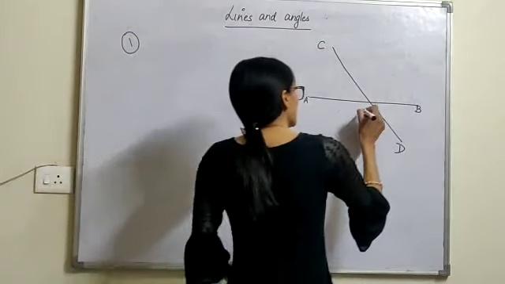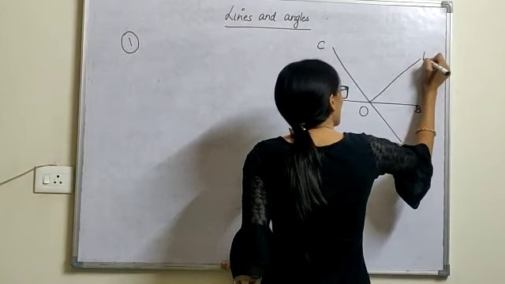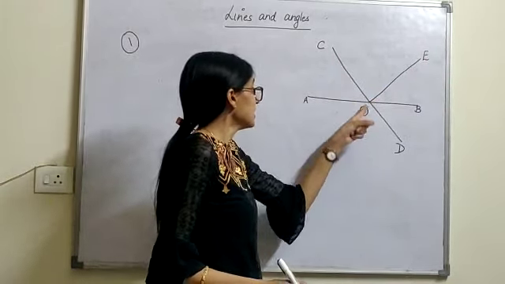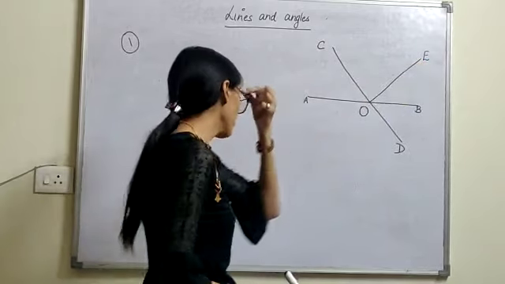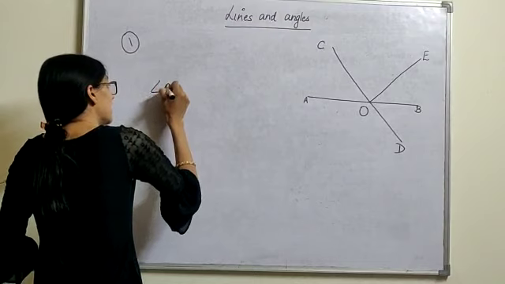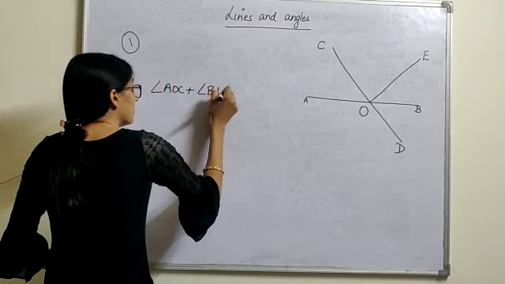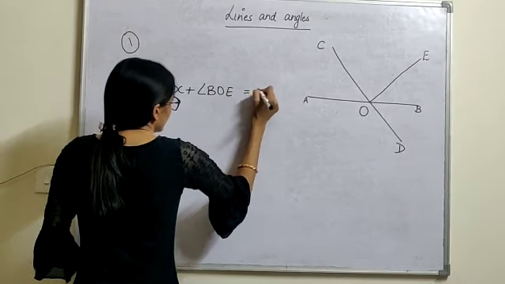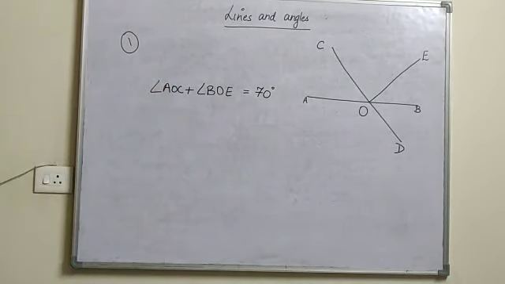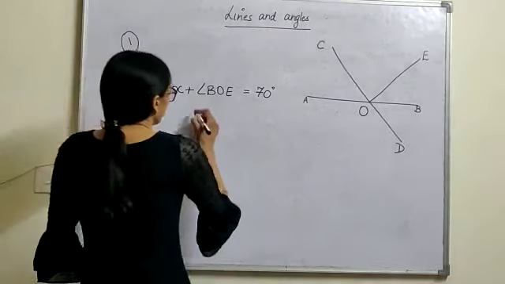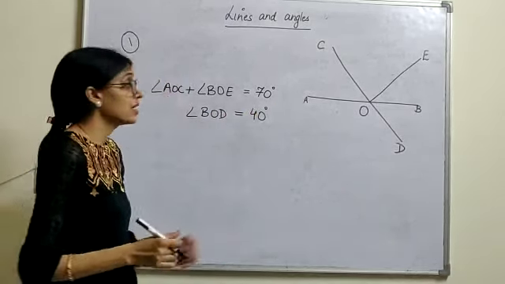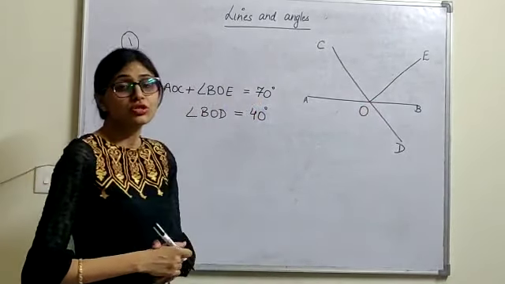They intersect each other at O, and here it is a line with point E. Now they are saying angle AOC plus angle BOE is equal to 70 degree, and angle BOD is equal to 40 degree.